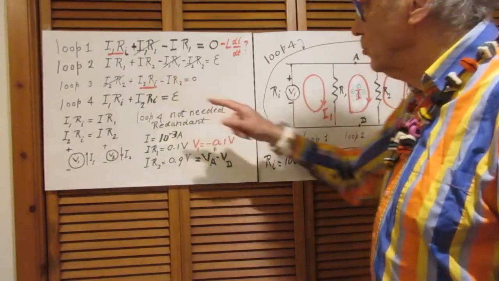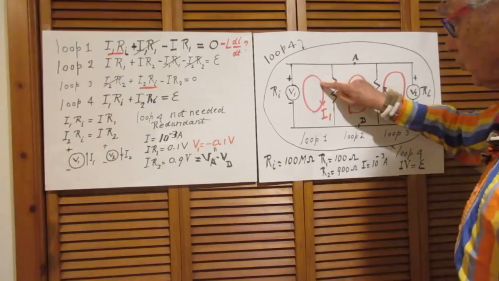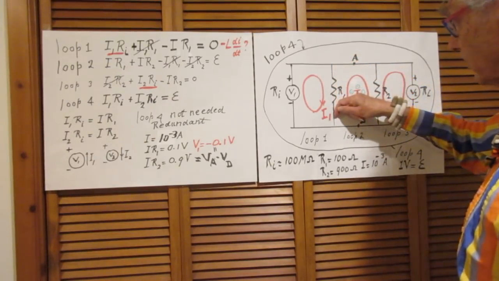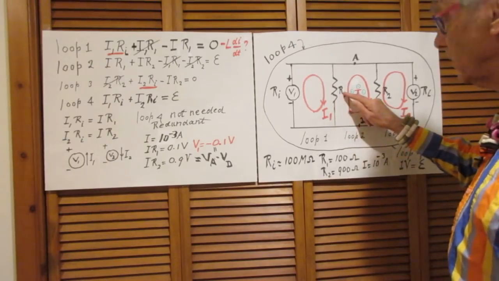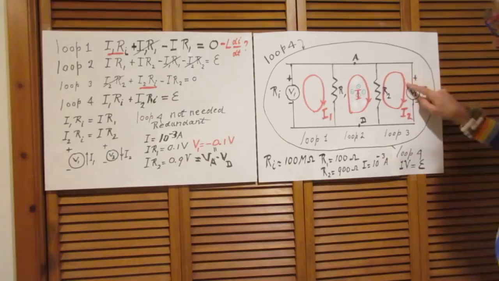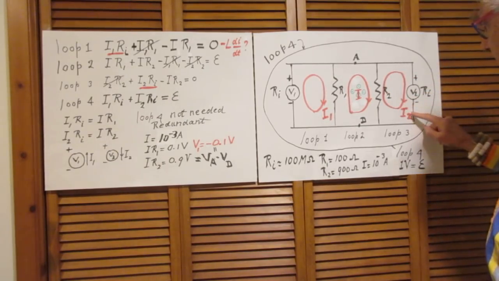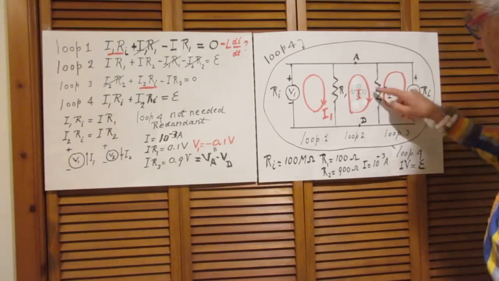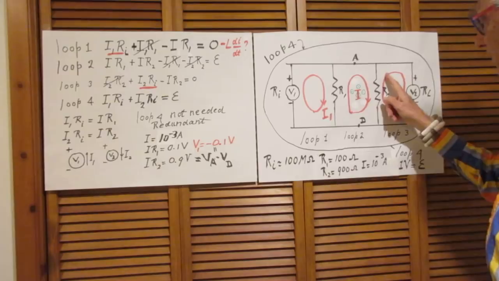Plus I times R2. But now there is a current here in this direction. Therefore I have to subtract I1 times R1. There's also a current here which is I2, and so I also have to subtract I2 times R2, because this is my positive direction of current, so this is my negative direction.